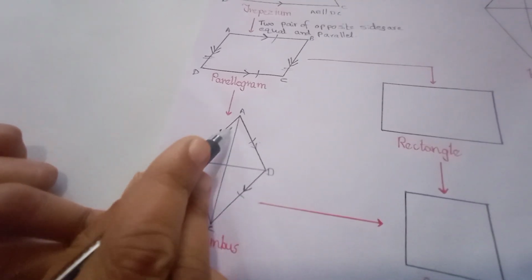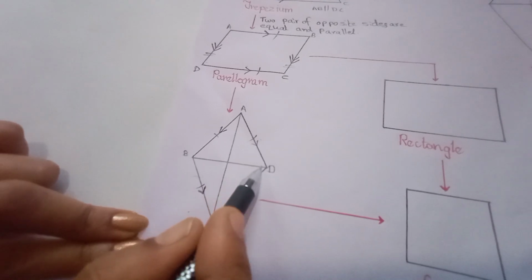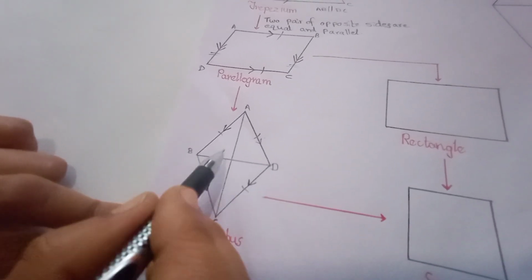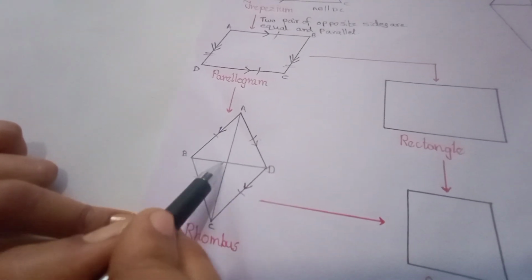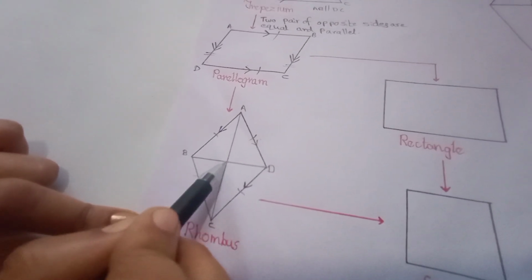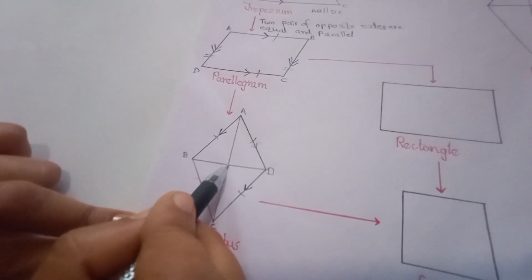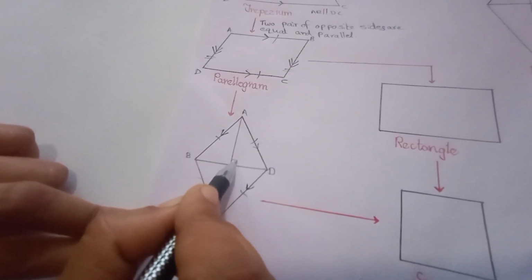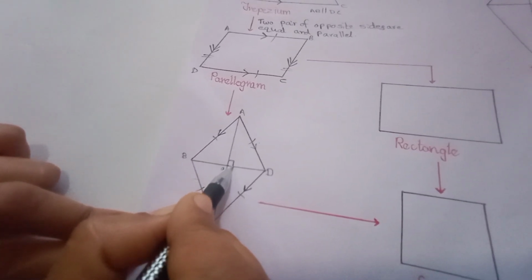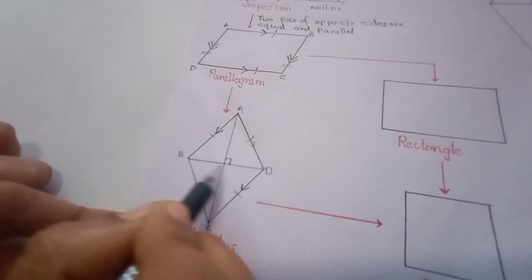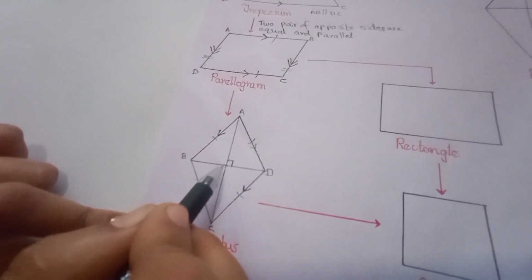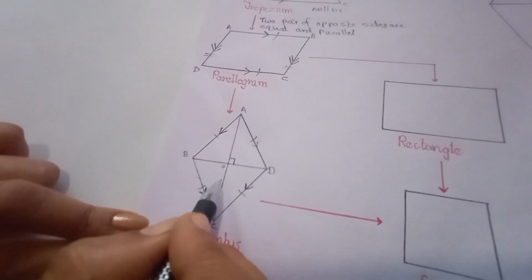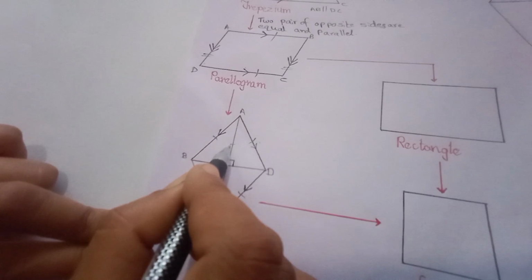Then opposite angles are equal. This pair of opposite angles are equal, and diagonals bisect at the common point O, and they are perpendicular bisectors.